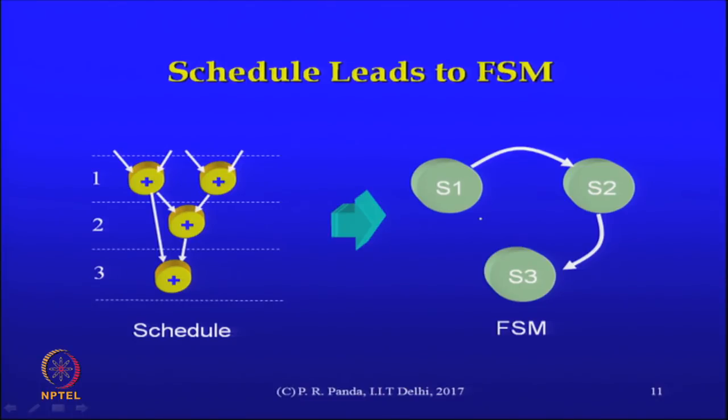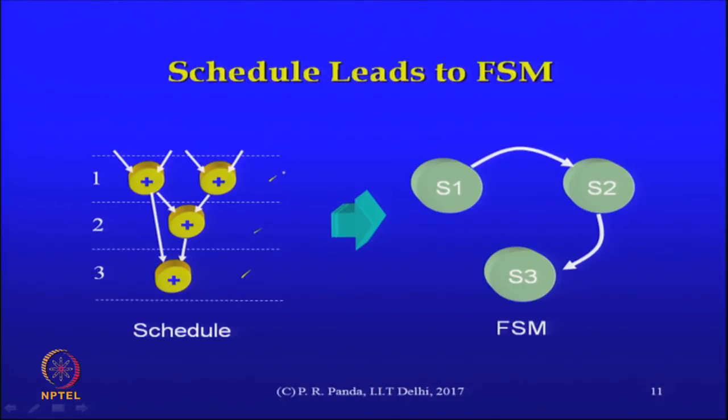Schedule, as you can see, if I had that graph here and I took this decision of these two operations in the first cycle, this in the second and this in the third, because of various reasons, all of which are not indicated here, but it is primarily dependent on the nature of the dependencies in the HDL itself, but also what resources are available, delay of the individual adders and the clock period that was given to us. Using all of those as the input, the scheduler decided on such a schedule.